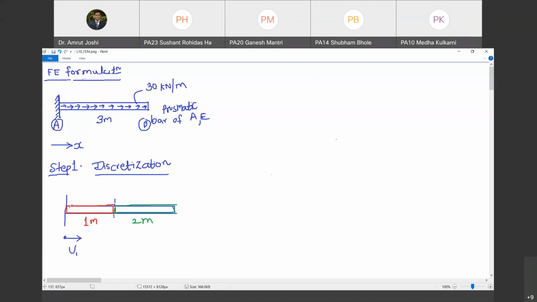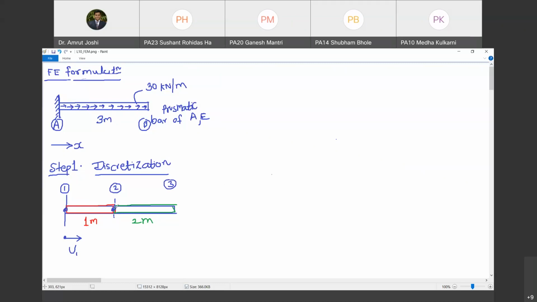First of all, let me number the nodes of these elements. Start and end points of the elements are numbered by node numbers. Let us call these 1, 2, and 3. So I have discretized the continuum by 1D, two node elements. Look, the first element has a node here and node here.